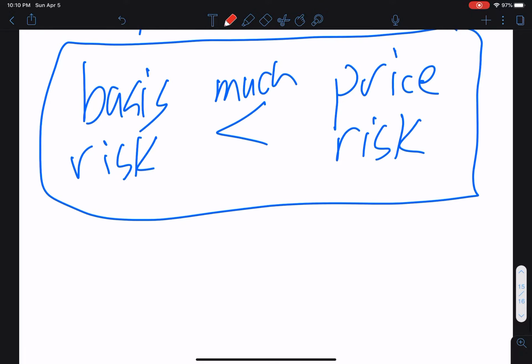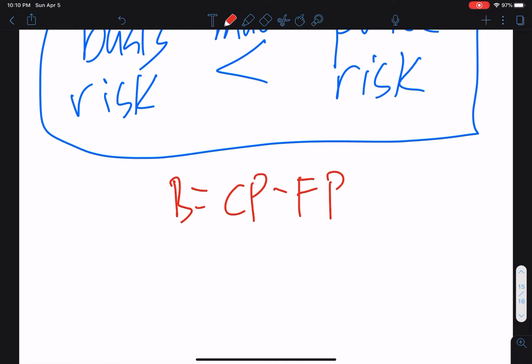Just to refresh your memory, basis is equal to the cash price minus the futures price, and basis risk is the variance of the basis, as discussed in the last futures video.